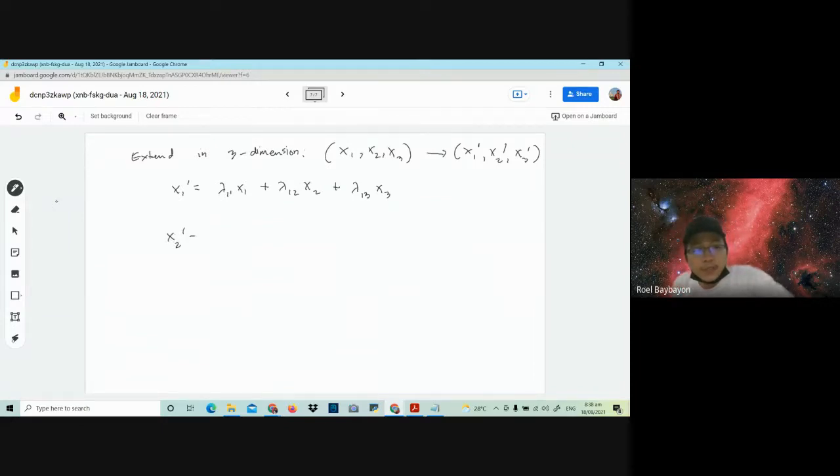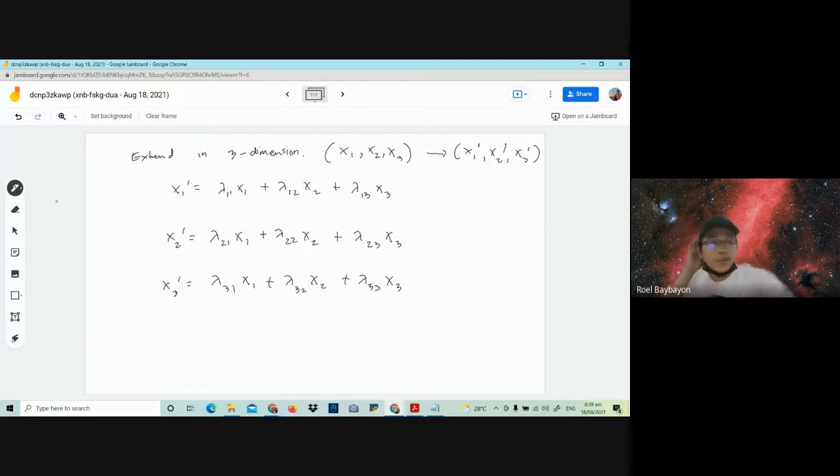x2 prime is equal to lambda 21 x1 plus lambda 22 x2 plus lambda 23 x3. Do you see the pattern? And x3 prime is equal to lambda 31 x1 plus lambda 32 x2 plus lambda 33 x3.